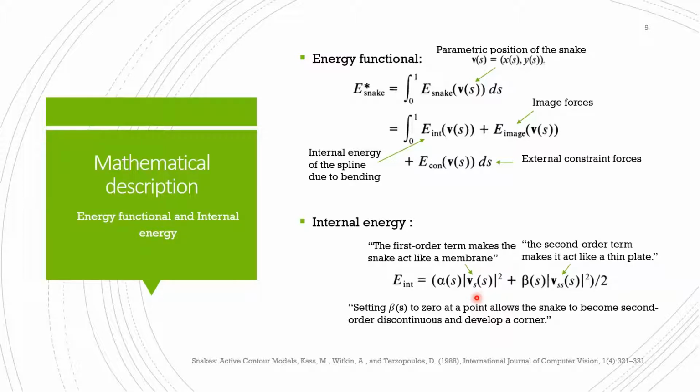So by setting beta s to 0 at a point, it allows the snake to become second order discontinuous and develop a corner. If beta s is 0, the snake is still continuous, but it can develop a corner. It doesn't have to be straight.